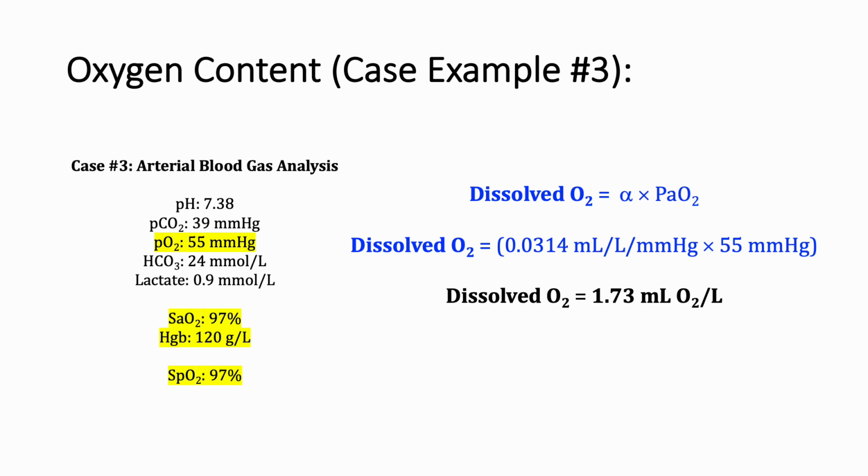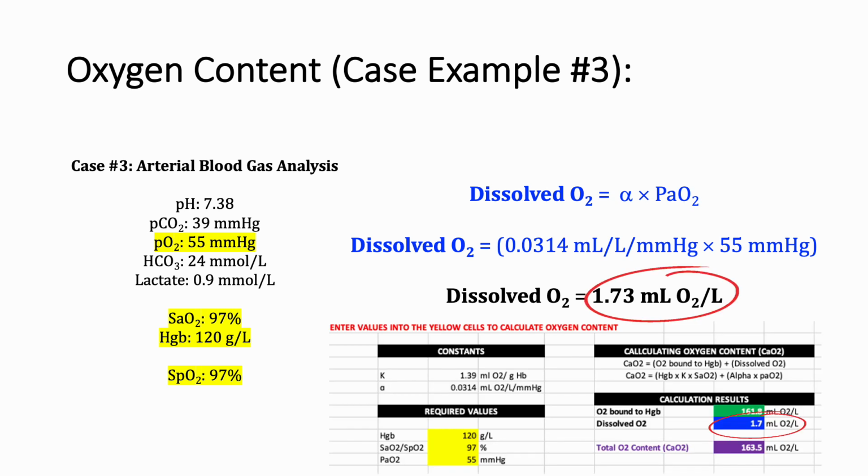Next, we can calculate the amount of oxygen dissolved in blood that is not bound to hemoglobin. To calculate this, we simply take the PaO2 as measured from the ABG analyzer and multiply that value by a constant alpha, which represents the solubility coefficient of oxygen at 37 degrees Celsius. For our case example number 3, the calculated amount of dissolved oxygen in the blood comes out as 1.73 milliliters of oxygen per liter.